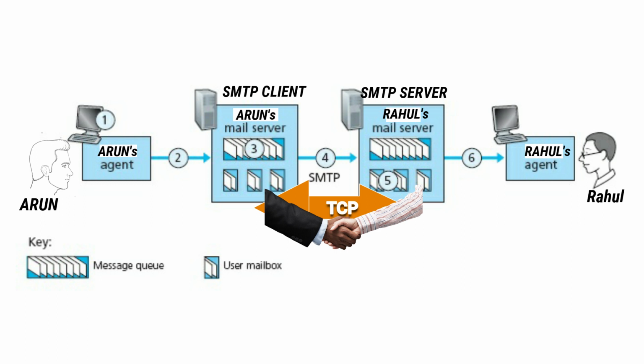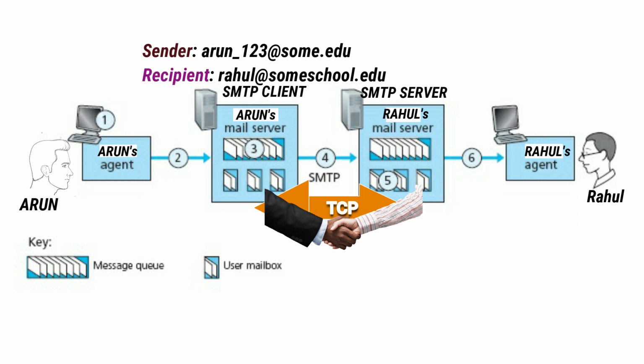Just as humans often introduce themselves before transferring information from one to another, SMTP clients and servers introduce themselves before transferring information. During this SMTP handshaking phase, the SMTP client indicates the email address of the sender and the email address of the recipient.